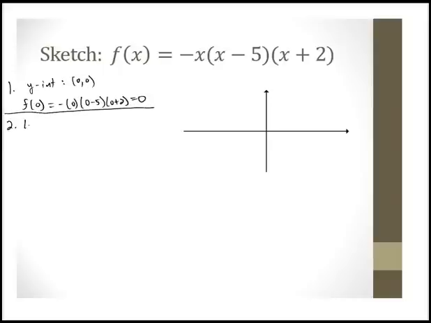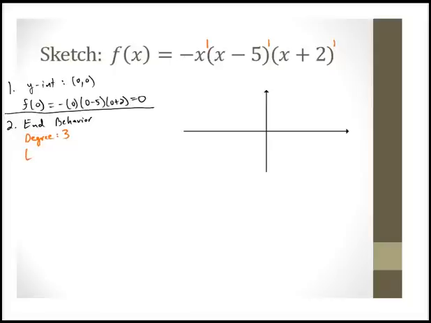Second, let's look at the end behavior. Well, the degree of the polynomial. This is an x to the first, an x minus 5 to the first, and x plus 2 to the first. So I have a degree of 1 plus 1 plus 1. The degree is 3. If I were to multiply the whole thing out, I would have a negative x cubed.